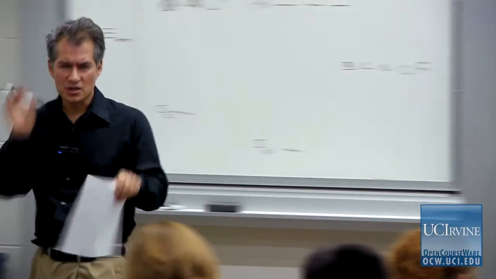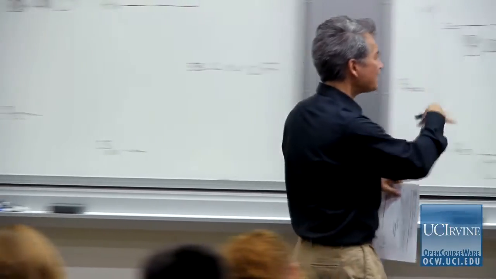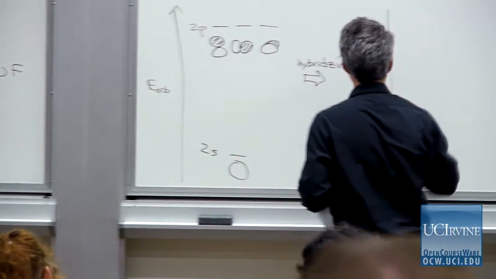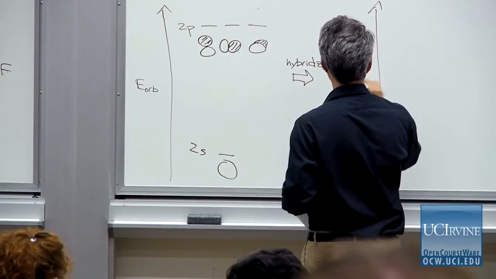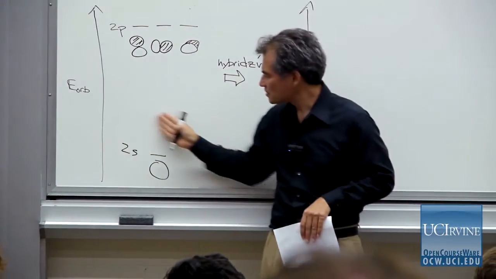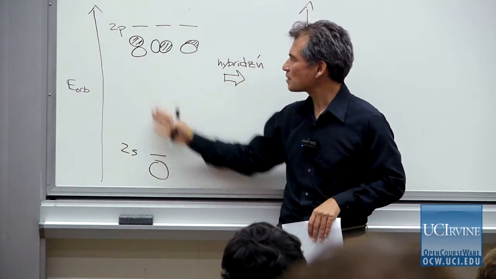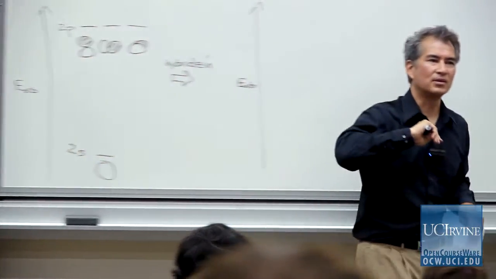When we mix orbitals on just a single atom, we're not forming bonds. I'm just talking about a single carbon atom, and I have a different way of thinking about it. I can invent little games, like what would happen if I mixed this 2s orbital with this 2p orbital.